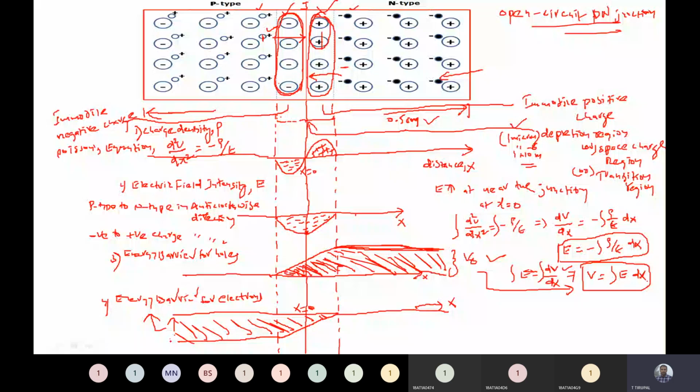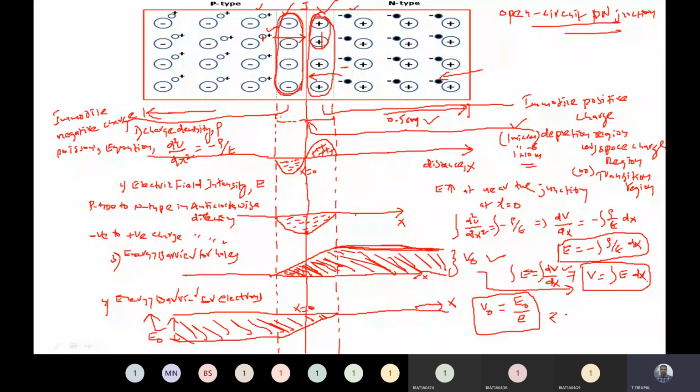The relation between V naught and E naught: V naught is equal to E naught divided by E, which is the charge.